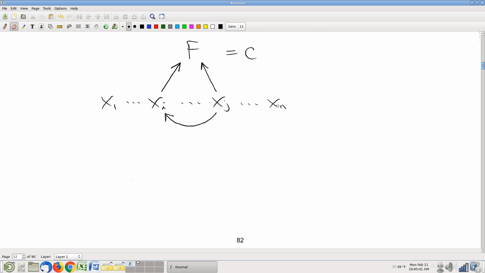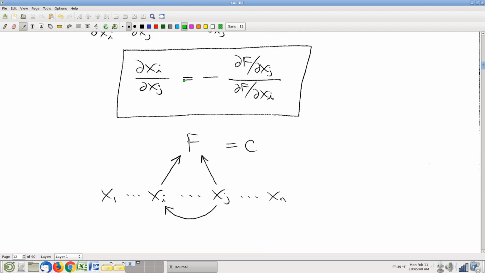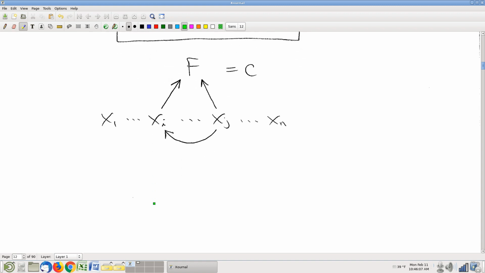My goal is to figure out in which case I can view one of these variables as being a function of the others. I'd like, for example, to be able to compute this partial derivative, partial xi, partial xj. So before that makes sense, I have to ask the question, can I view xi as being a function of the other variables?